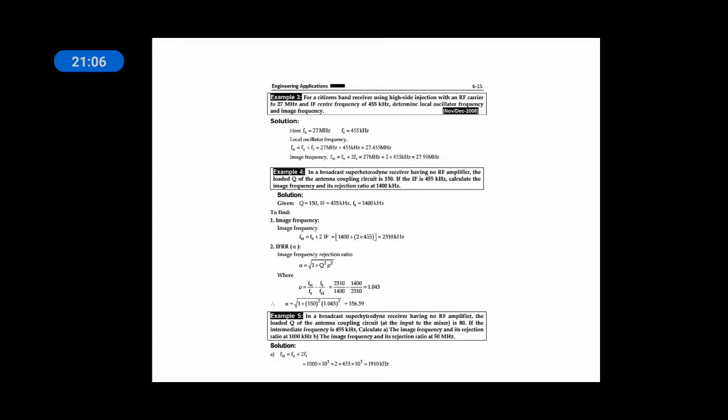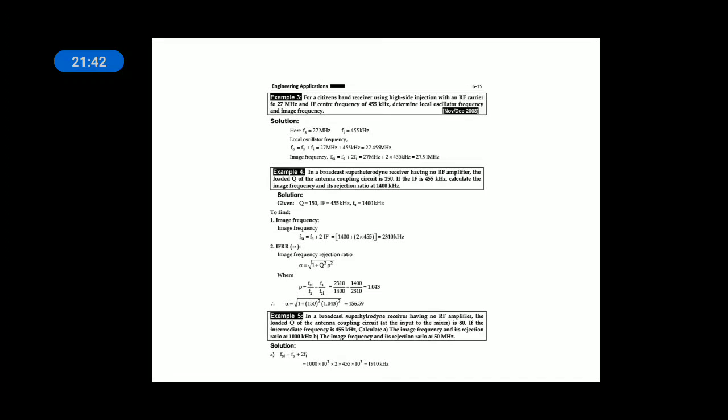Example 3. For a Citizen's band receiver using high side injection with an RF carrier F0 of 27 MHz and IF center frequency 455 kHz, determine the local oscillator frequency and image frequency. It is 27 MHz only.